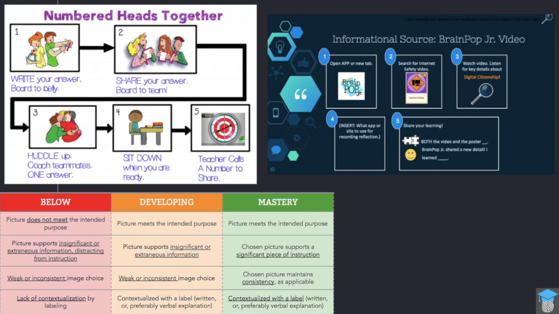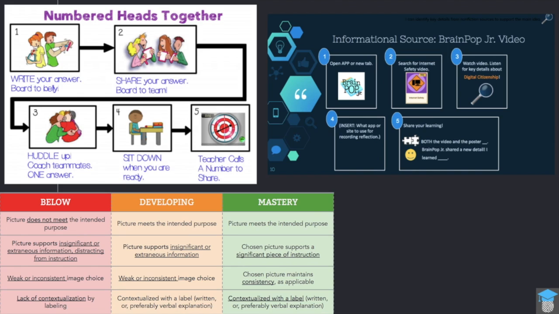The blue slide does add some more content supports over just procedural supports. We see the same icon used to cue students into locating details in nonfiction. That's that magnifying glass. We see it up on top near the learning objective, and then we also see it on step 3. Watch video, listen for key details about digital citizenship.